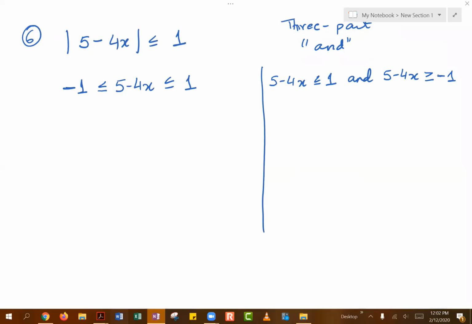Greater than or equal to facing the x term, the tail facing the negative 1. So you're still setting it up in that same way. Here you have two individual inequalities. Here you're doing it as a three-part inequality. You will still get the same answer no matter which way you go about doing this. So go ahead, solve this and tell me what x value you're coming up with.